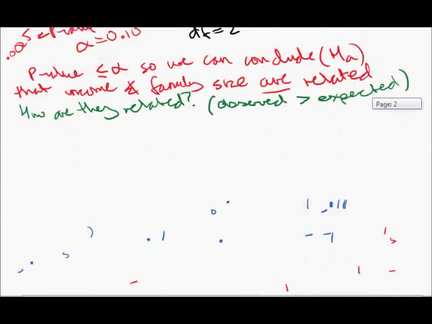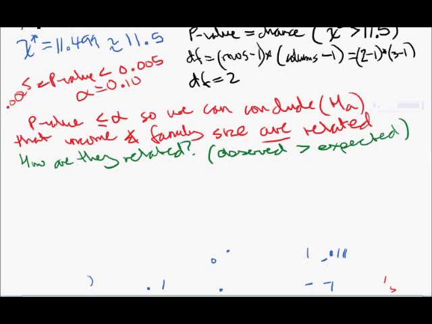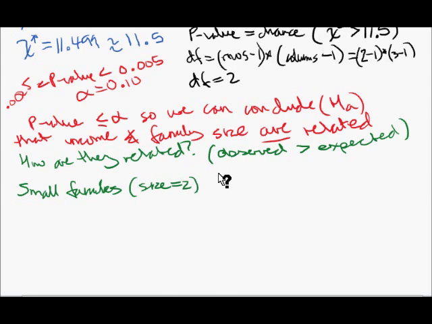So let's go ahead and write that. Again, I guess I'll get rid of some of these extra marks, get more space here. There we go. So we saw small families, right, those with 2 in the family, with a size equal to 2, earning more than expected.